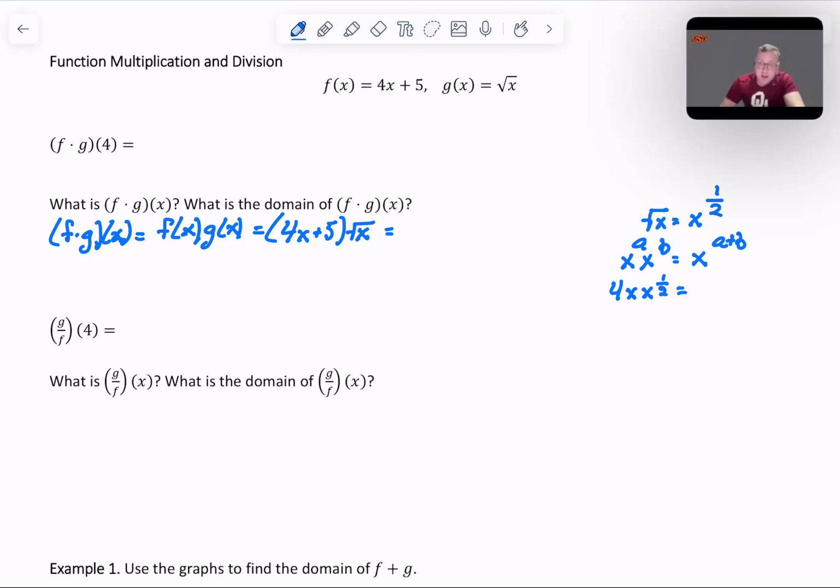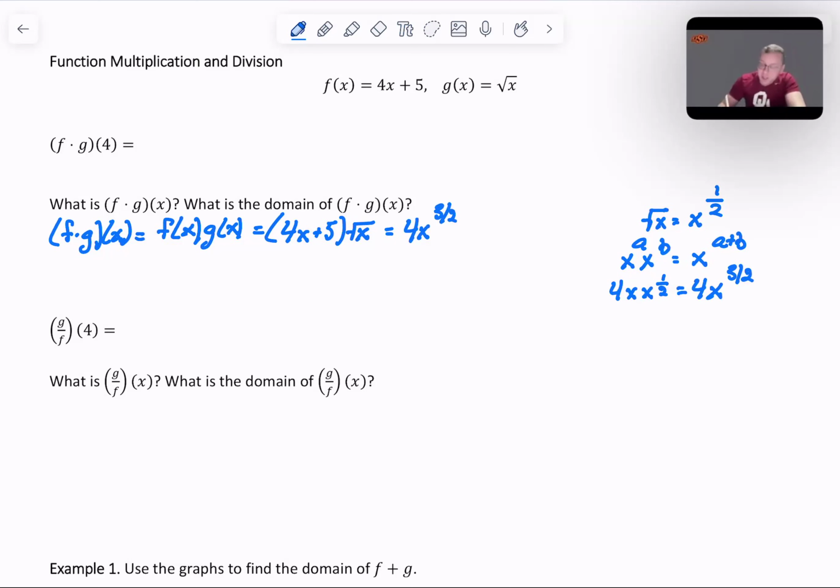And here, I use this rule of x to the a times x to the b is x to the a plus b. So here, this constant 4 just stays outside, and I'm left with 1 plus 1/2, or x to the 3/2, right? So the first term in here is 4x to the 3/2.